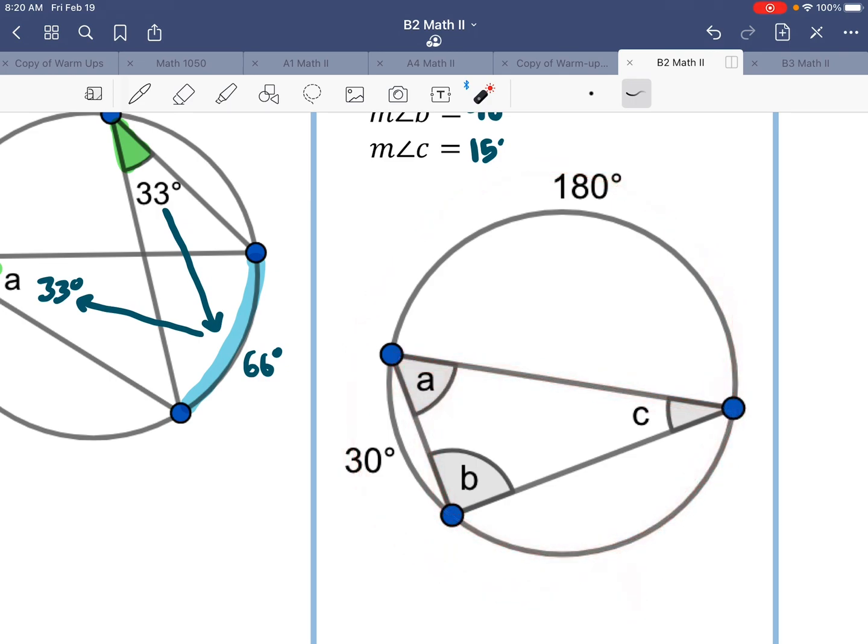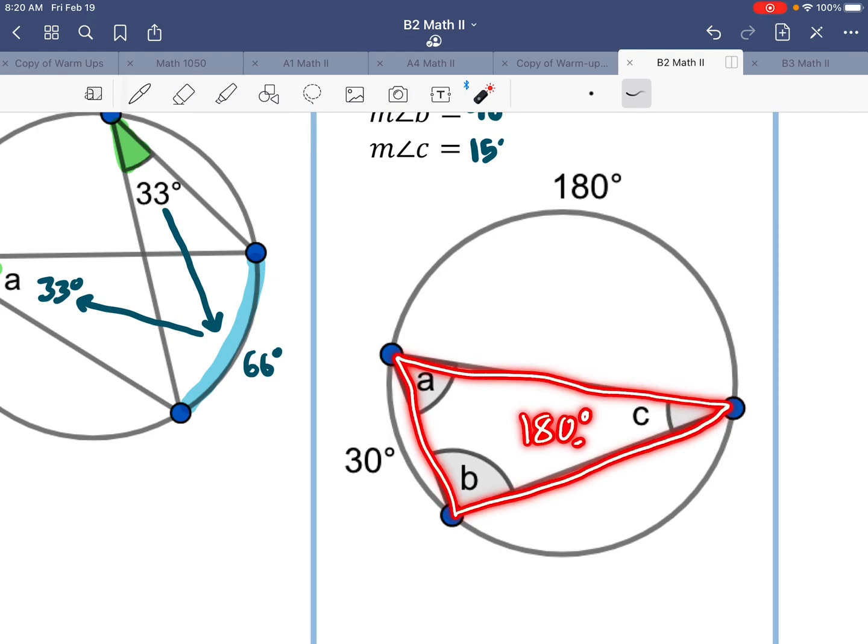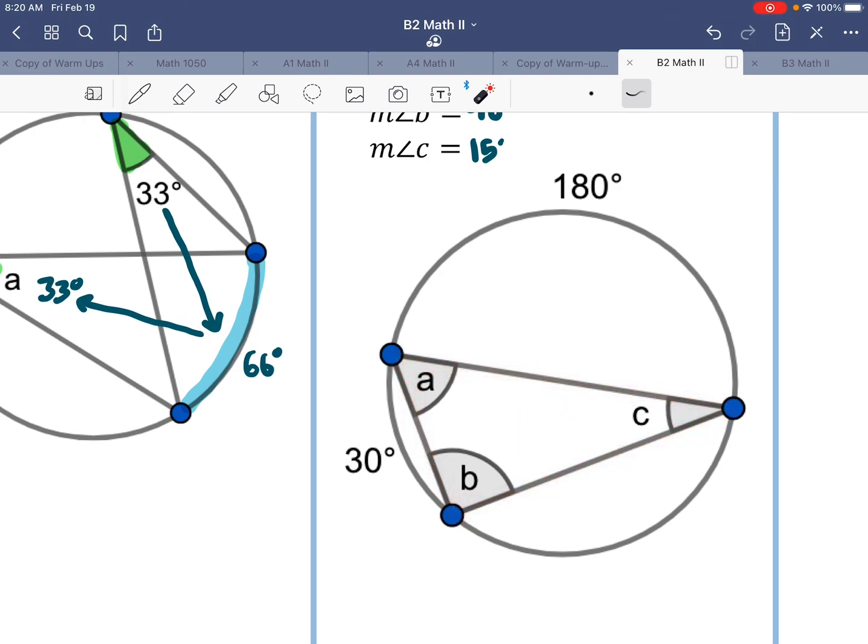Or we could use a different geometry fact that we haven't talked about yet today, that triangles have an interior angle sum of 180 degrees. So we could also take away the two angles we found from 180 to find the missing angle. So we sort of have two avenues. I'm going to do the one about the arc measures because that's the one we've been learning about today.